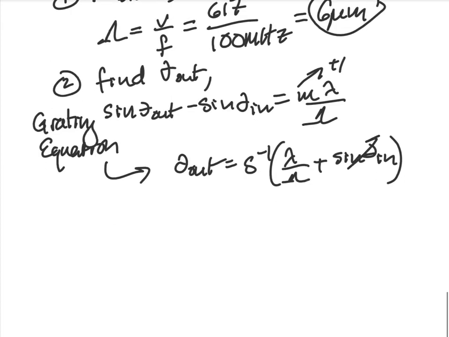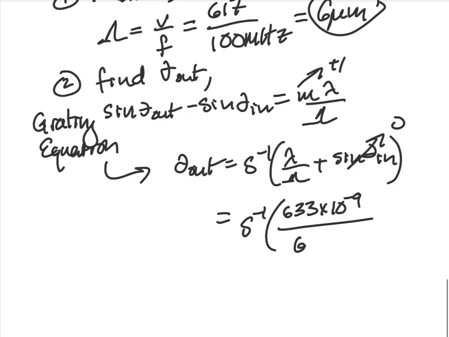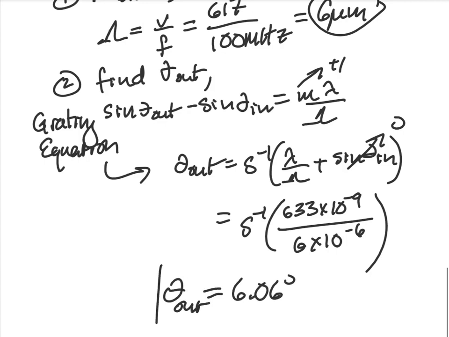But we had, in the definition of the problem, said that input angle was 0. That's normal. That means the light is coming straight in at the normal, and therefore it's canceled out of the expression. We just have then the wavelength of light, 633 nanometers, over the grating spatial period, 6 microns. Plug that into our calculator, and we get 6.06 degrees as the output angle.